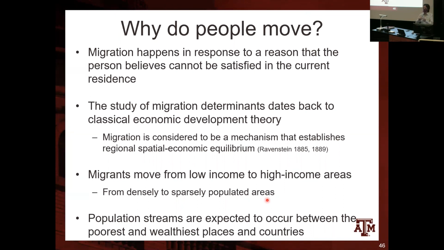That might be more counterintuitive from what we know right now, because most internal migration is people moving from rural to urban areas, and rural areas have lower density than urban areas.